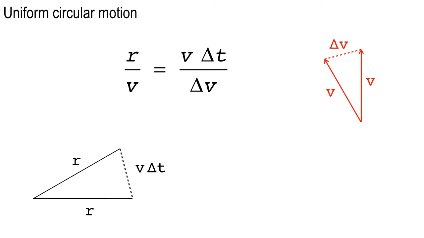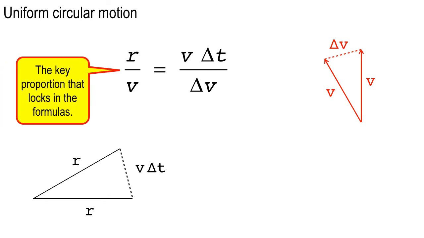The change in velocity over change in time is an acceleration. We don't have that. We've got the flip-flop of that. So if we take this proportion and flip-flop it, we'll have an acceleration in there. See it right here? This is delta T over delta V. If we flip-flop it, that'll be the acceleration. And that is what we're trying to figure out here.